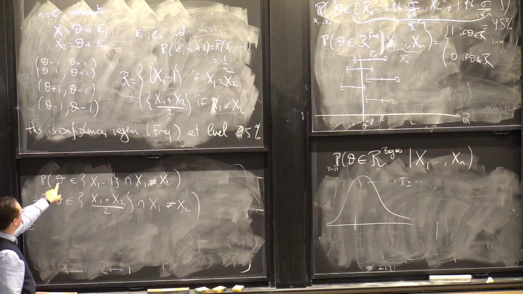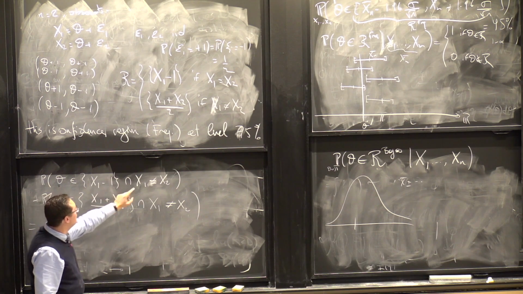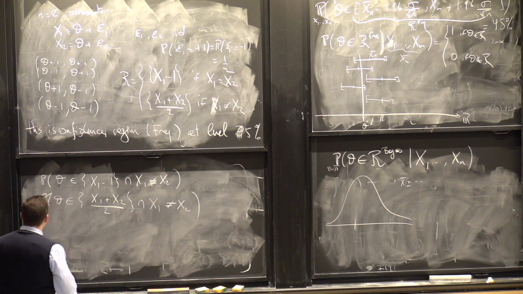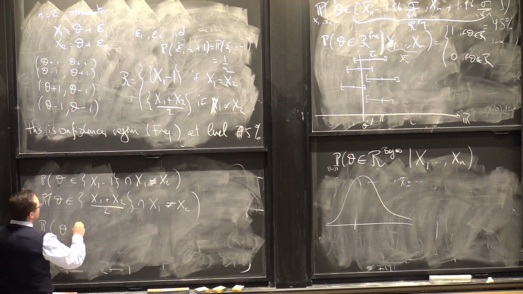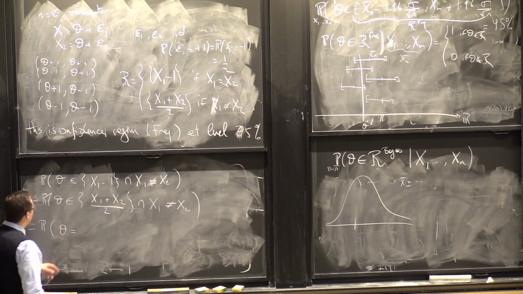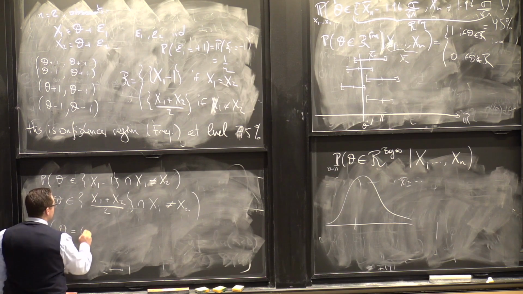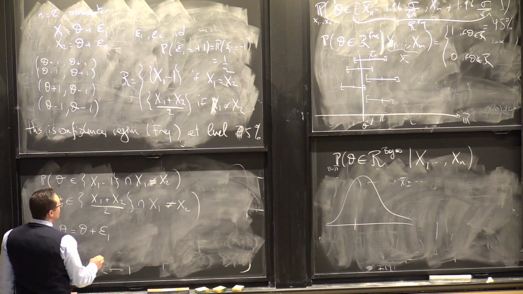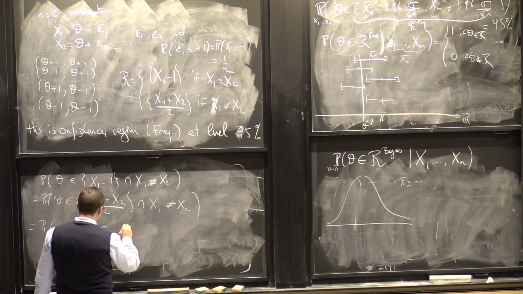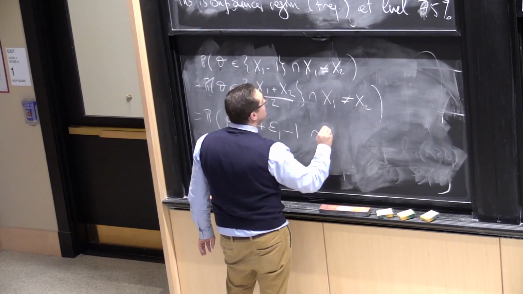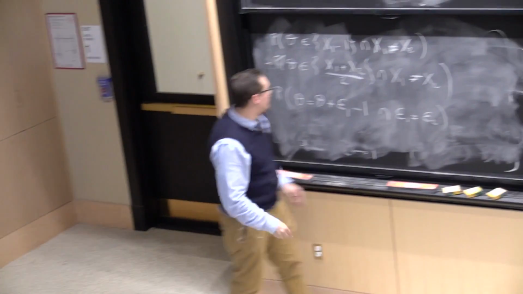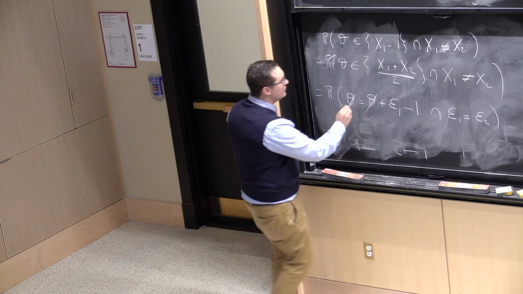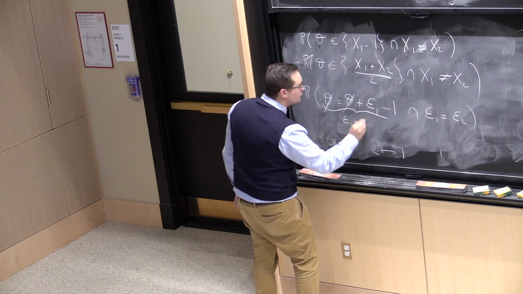So the first line is the probability that theta is equal to x1 minus 1. And those two are equal. So this is the probability that theta is equal to, well, this is theta plus epsilon 1 minus 1. And epsilon 1 is equal to epsilon 2. Because I can remove the theta from here, and I can actually remove the theta from here so that this guy here is just epsilon 1 is equal to 1.